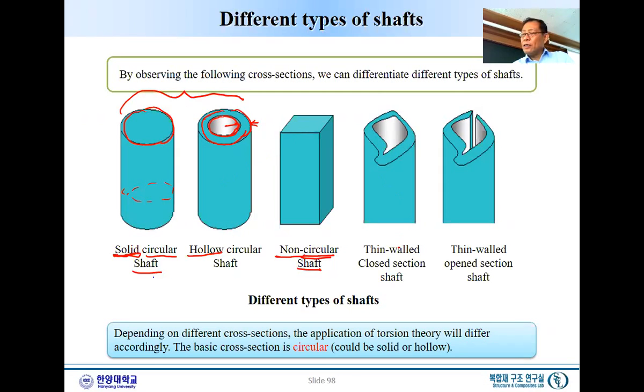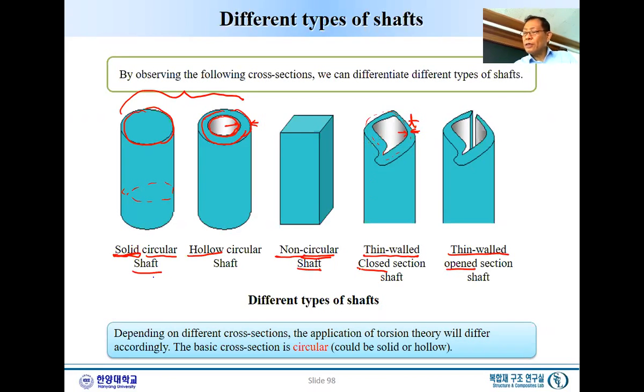And another one is the thin wall. One type is closed, the other one is open. Thin wall means that this thickness can vary along the circumferential direction, but the thickness of this wall can be thinner than other dimensions. That is the thin wall.